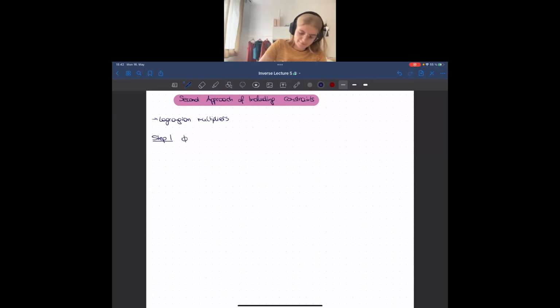We build some funny function phi. We have our usual misfit, and then we add the constraint as Fm minus h, and we multiply it with some lambda.